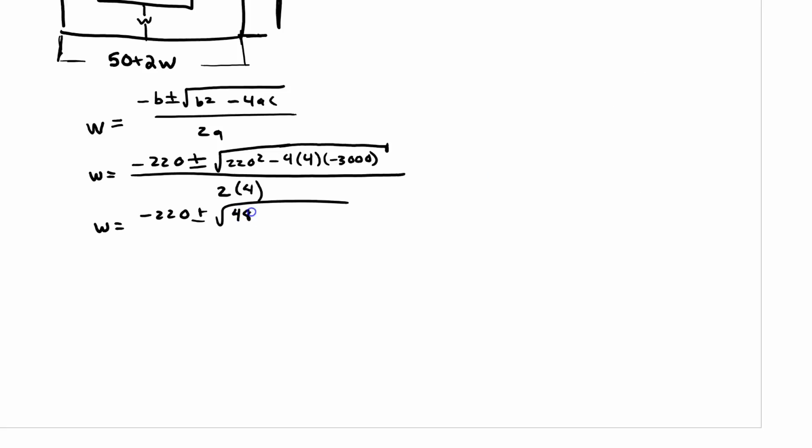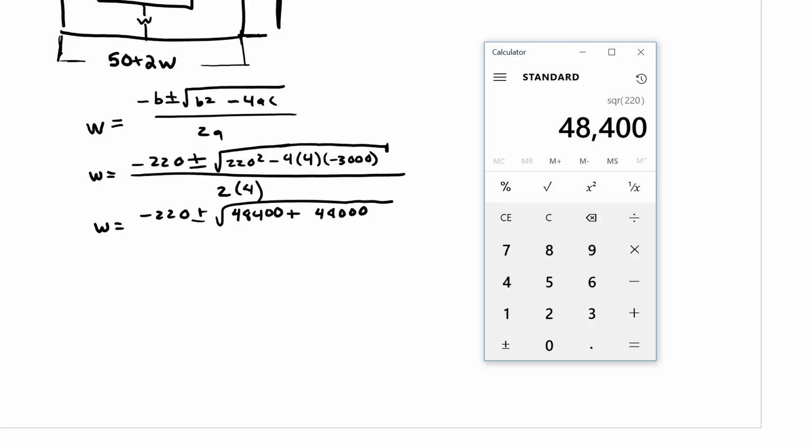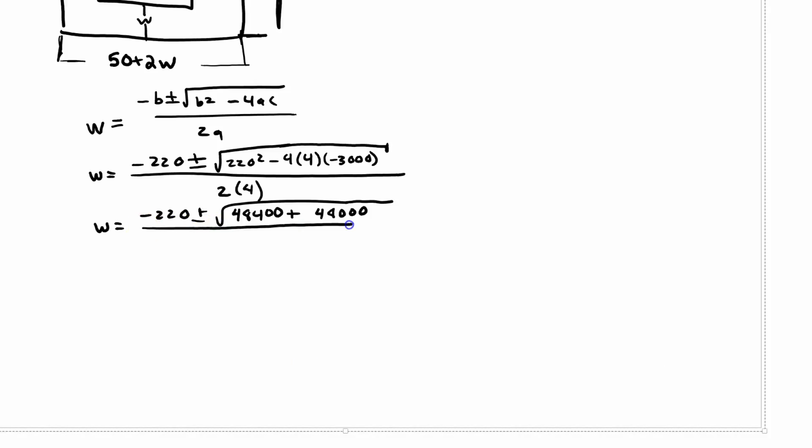So plus 48,000 equals 96,400. 2 times 4 is 8.